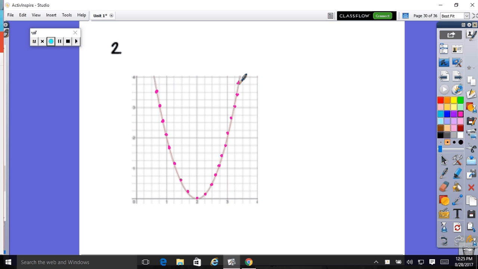So we drew our dots. Now what do we do? If it's a function or not a function, based on input and output. How do I do that?